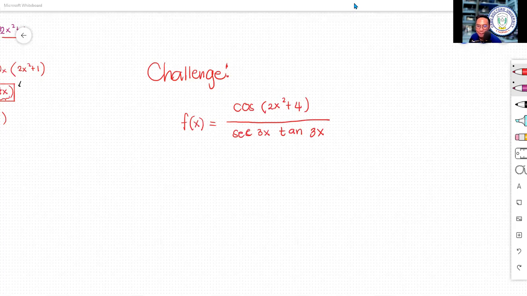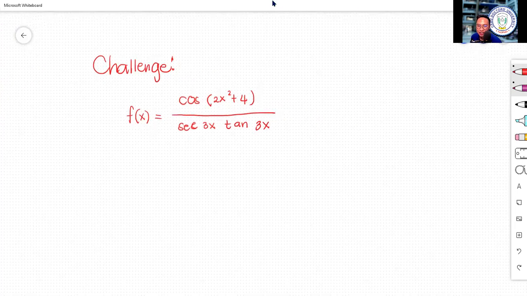Pwede mag-ask, sir. Yeah, pwede, uy. Sa pag-derivative, sir, each term sa numerator before ang overall? Pwede ka magkuha ng derivative sa each term, but you need to follow the quotient rule. Combination ng trigonometric, quotient rule o product rule. Makaya siya, guys. Try lang, sir.